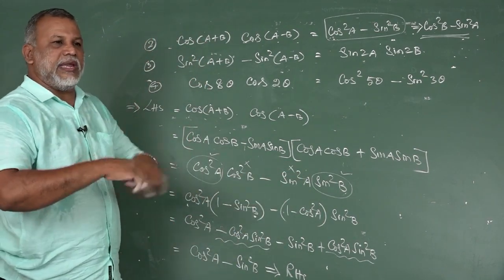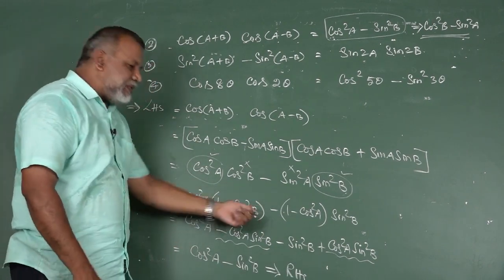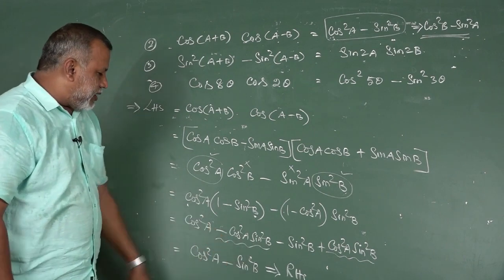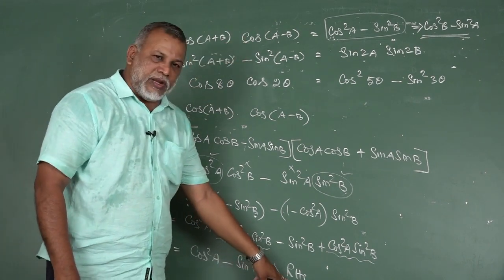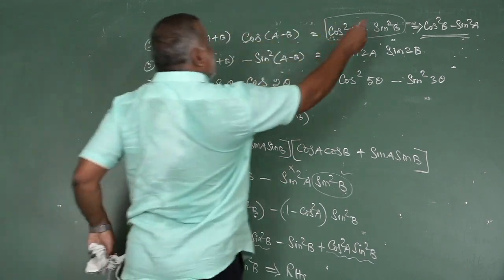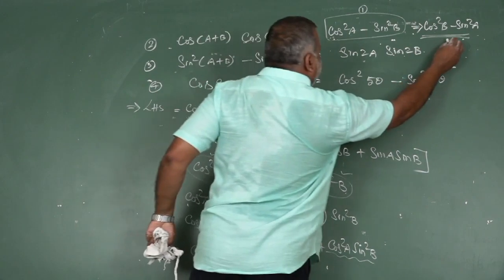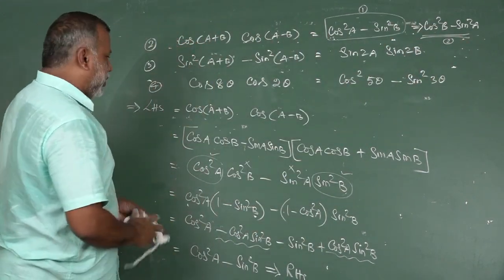Unwanted means we can eliminate with the help of the identity only. So use the identity, then just multiply inside. You get the proof cos squared A minus sin squared B. That is proof number 1. In the same way, listen. This is proof number 2. See the second proof. We want to prove the second one. Now listen.